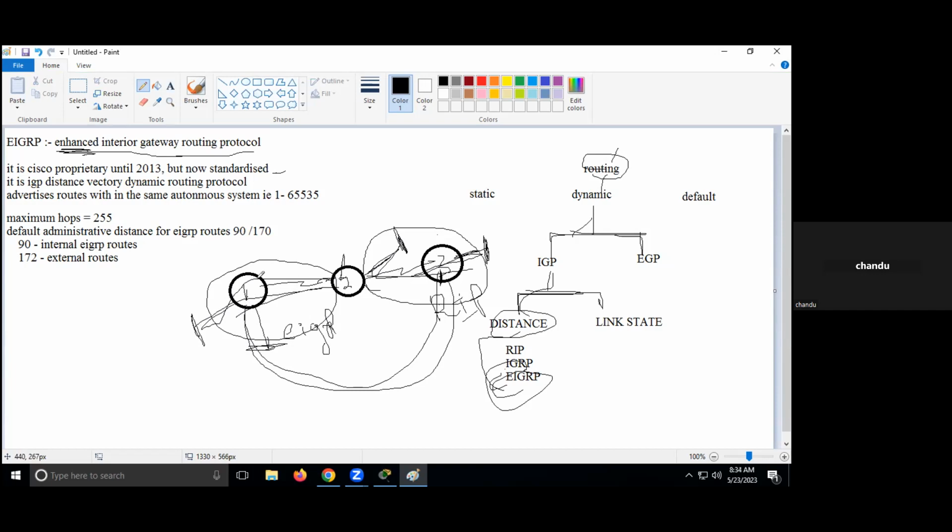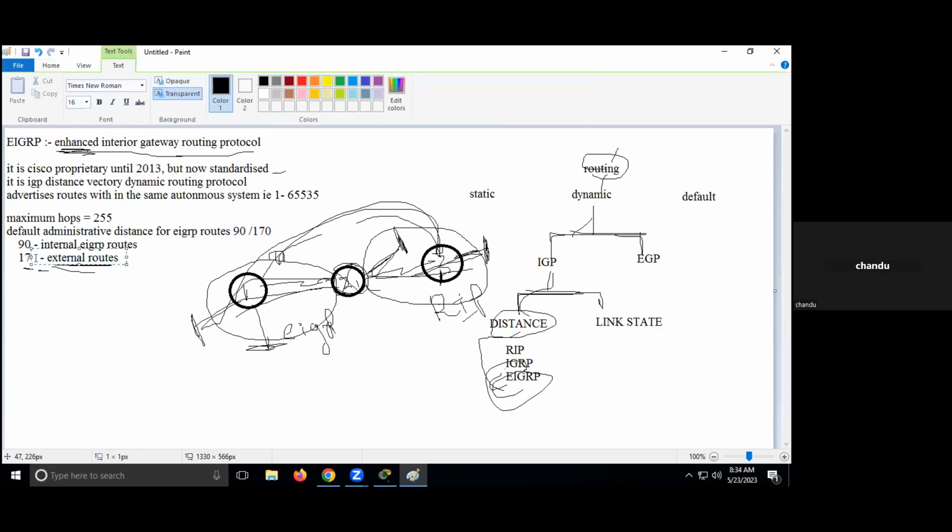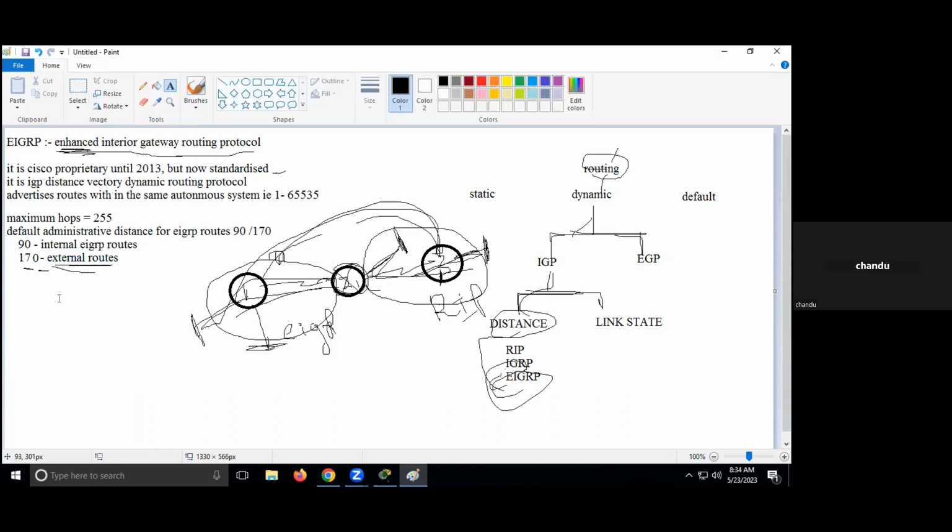So the middle router has to redistribute the RIP routes into the EIGRP domain, and EIGRP into RIP. When it redistributes the routes, those routes are called external routes, and external routes by default have an administrative distance of 170, not 172, 170.